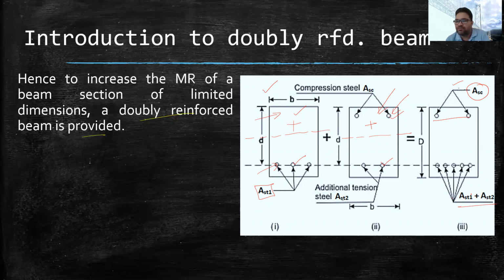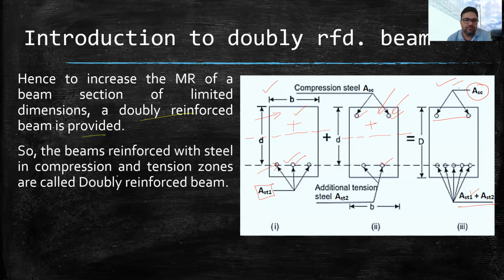This steel is AST1, and it balances the force carried by this concrete, and this AST2 balances the force carried by this area of steel. So total area of steel will be AST1 plus AST2. That is the concept of a doubly reinforced beam.